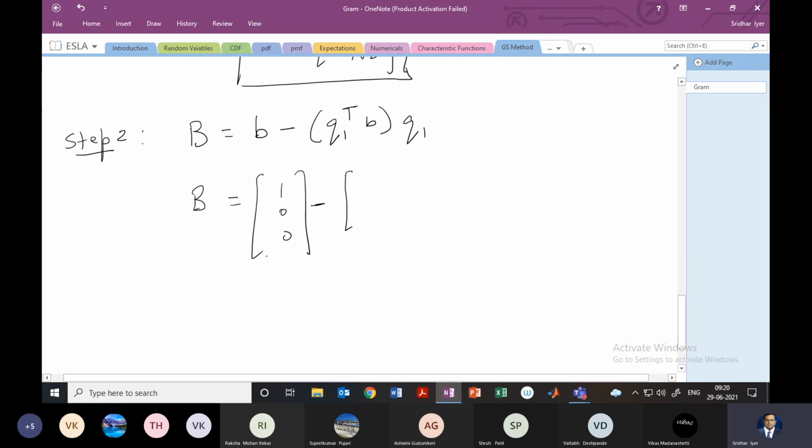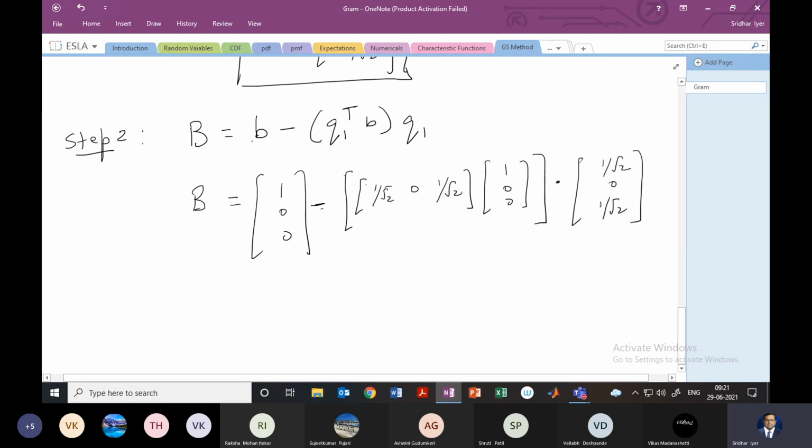We need to find its transpose, so that will be 1 by root 2, 0, 1 by root 2. This is Q1 transpose, multiplied with B again. So we'll have 1, 0, 0. I'll close this entire bracket, into Q1, which is 1 by root 2, 0, 1 by root 2.